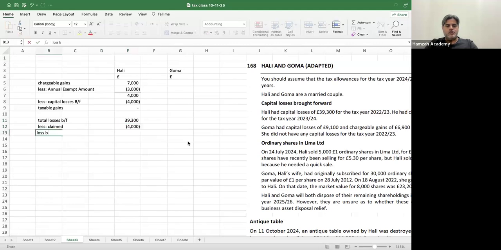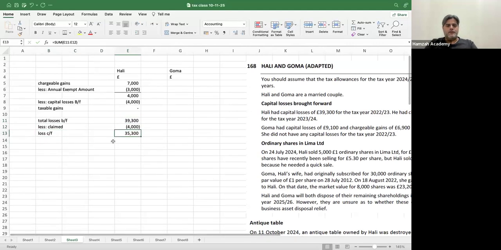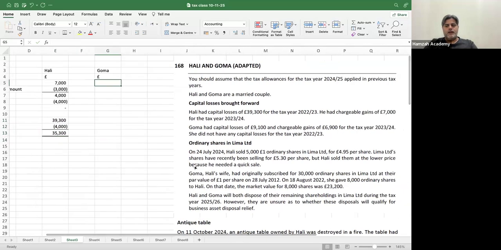So losses carried forward are going to be 35,300.